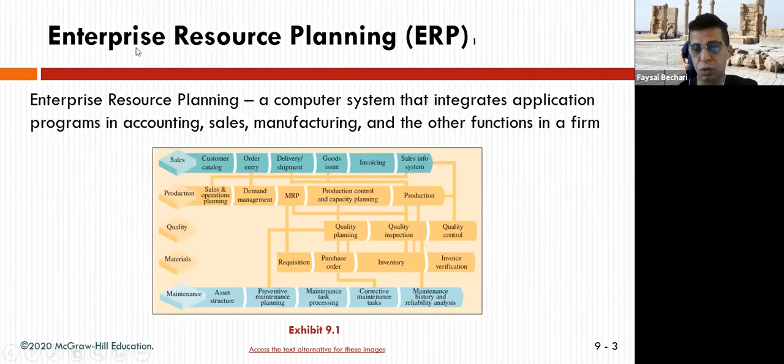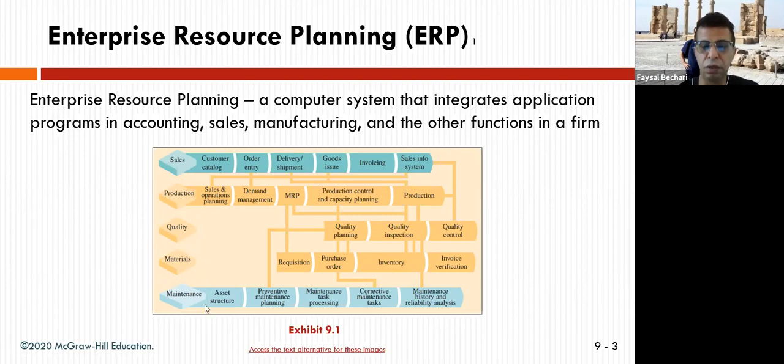Enterprise resource planning is different from MRP, or material requirement planning. Enterprise resource planning is a computer system that integrates application programs in accounting, sales, manufacturing, and other functions of firms. So in the ERP system, you have sales, production, quality.